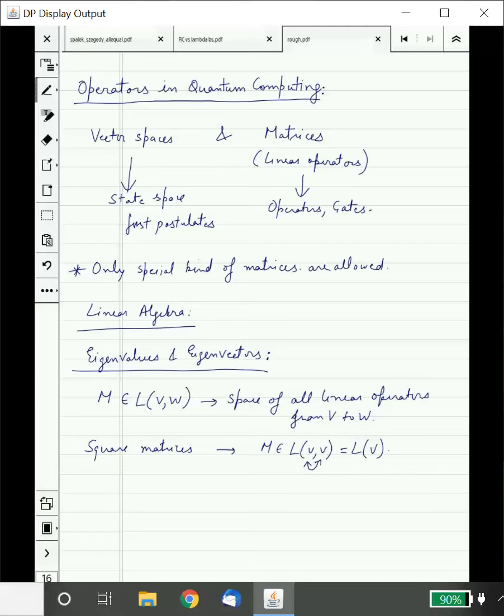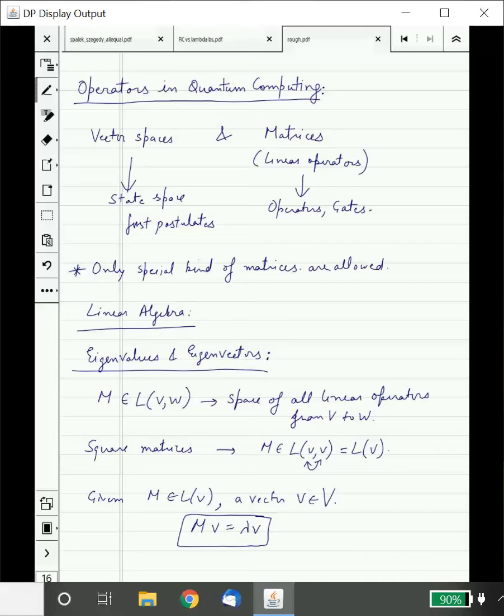What is an eigenvector? Given M an element of L(V), a vector V in this vector space is called an eigenvector if MV is equal to lambda V. When we multiply, we get a stretch, and every coordinate is stretched by this factor lambda.